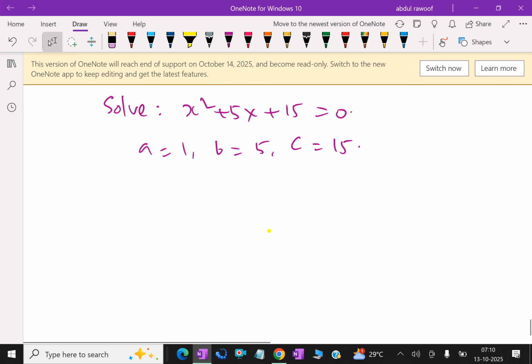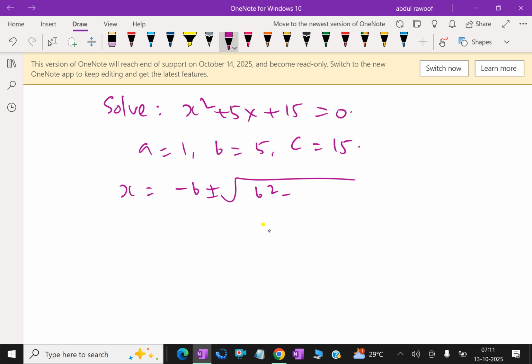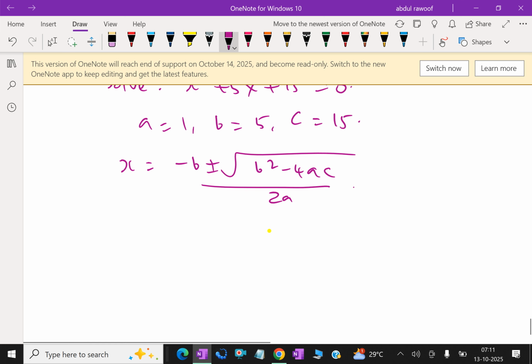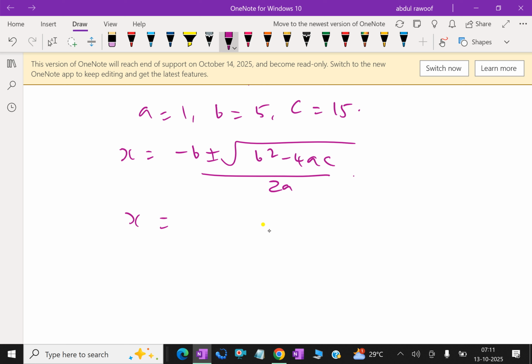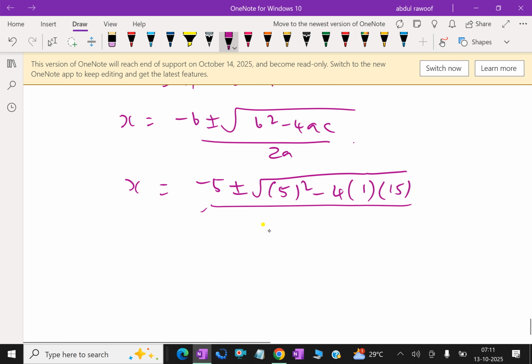Let us use the solution x equal to minus b plus or minus root of b square minus 4ac over 2a. We apply the values of a, b, c. So minus 5 plus or minus root of b square, that is 5 square, minus 4 times a, which is 1, times c, which is 15, over 2a.